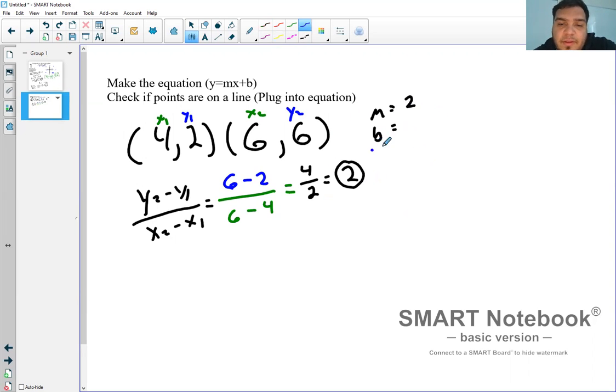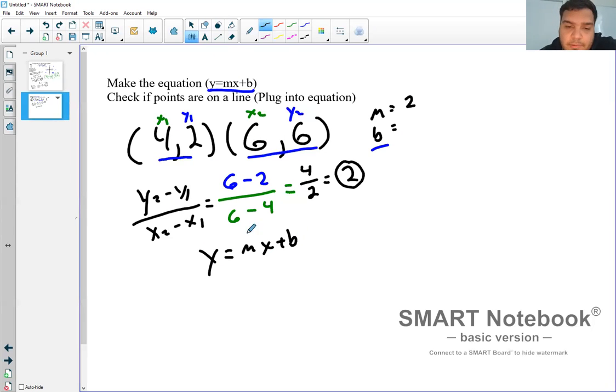What we're going to do now is find the b. In order to find the b, we're going to use this equation plus the m we found plus one of the points we have here. It doesn't matter which point, so I'm going to use the left one. I'm going to plug in everything but the b. So y equals mx plus b.